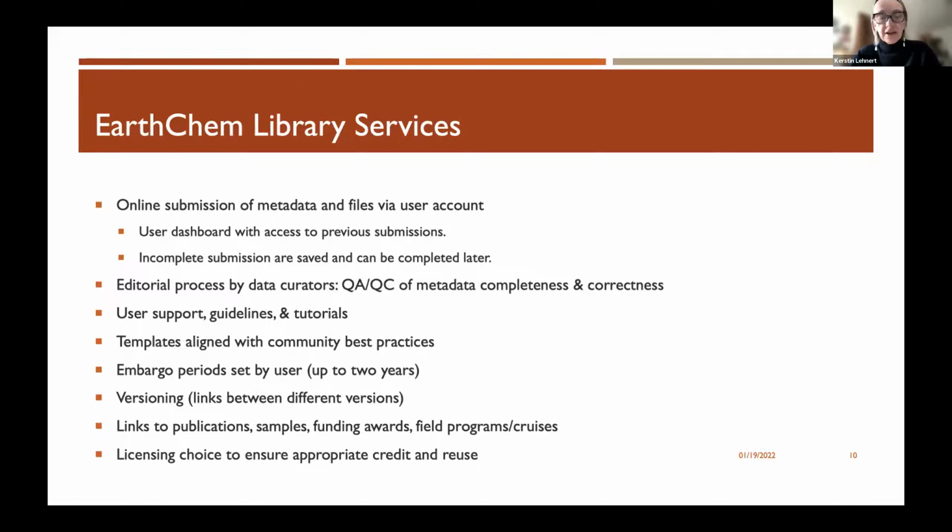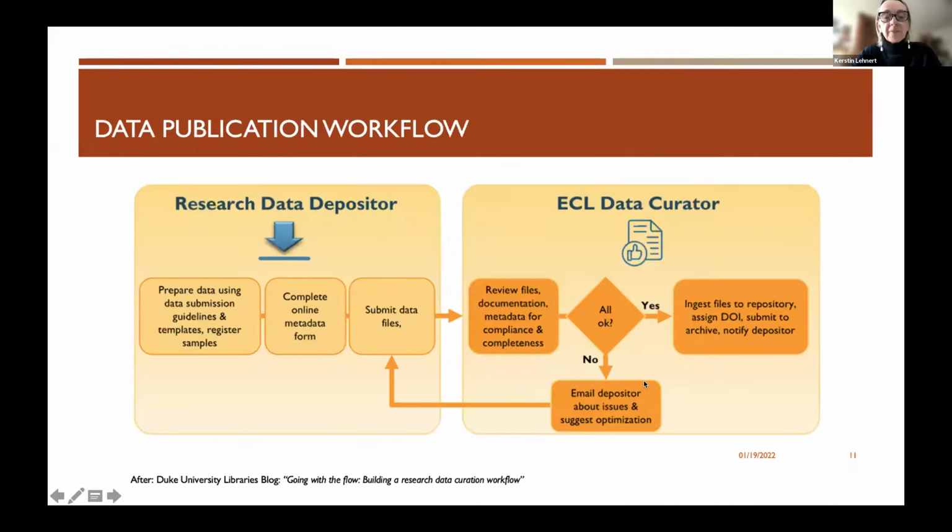So for volcanoes, for example, there is a globally governed set of volcano numbers with landing pages at the Global Volcanism Program. So you can actually go from data sets to these landing pages, and hopefully in the future the other way around as well. And as I said, we allow users to select licenses to ensure there is appropriate credit and clarity for reuse.